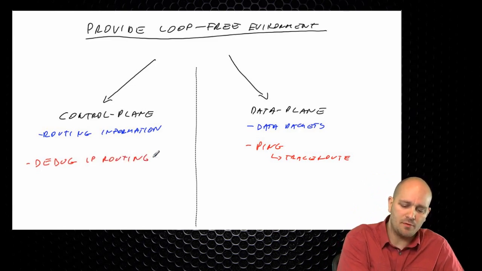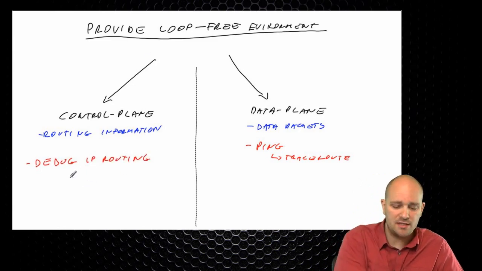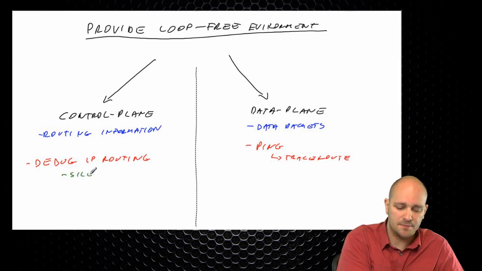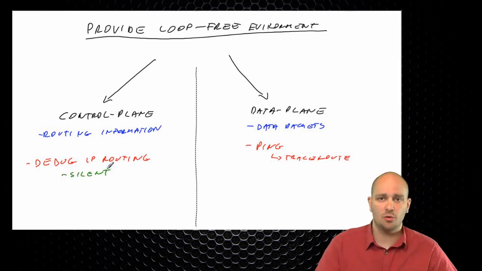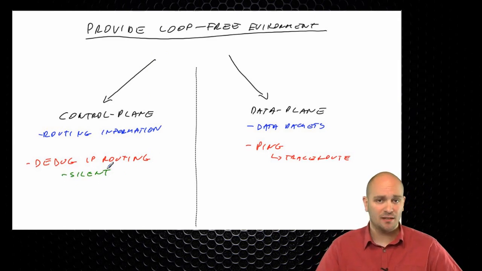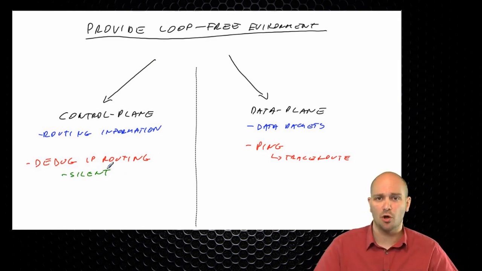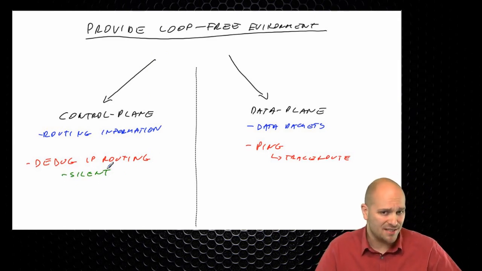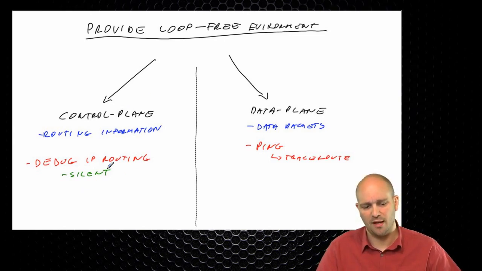Now, debug IP routing is, generally speaking, very silent. If everything is okay, again, generally speaking, it will be very, very silent. It will produce almost no output. There are some exceptions, and those exceptions have to do with the default route. If you have the default route, you might see it being refreshed in the routing table from time to time.